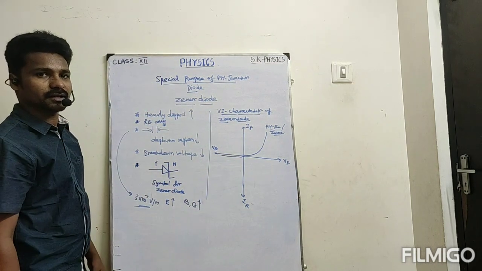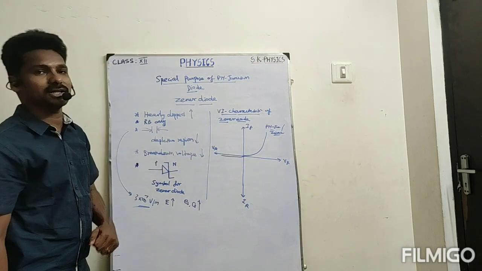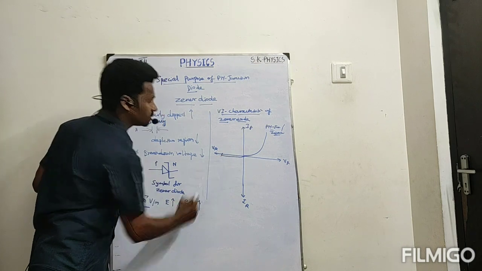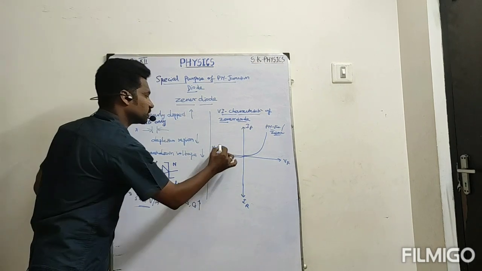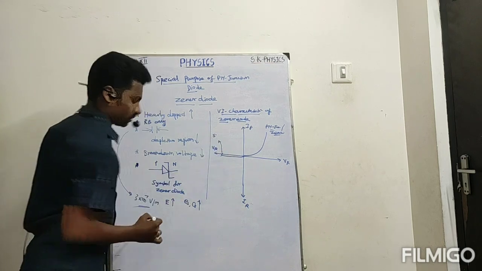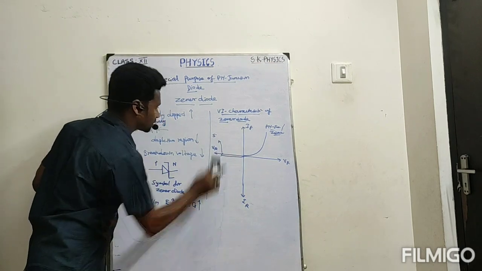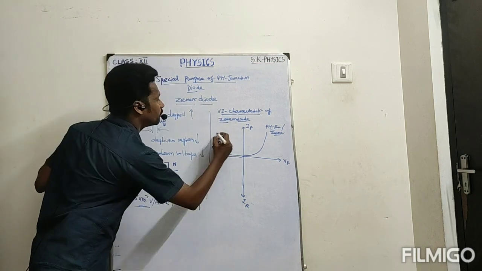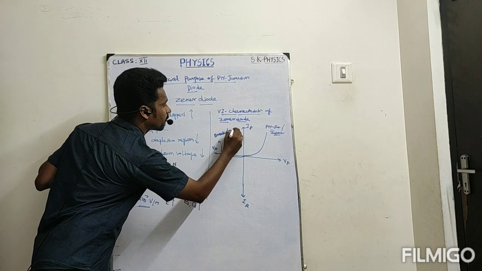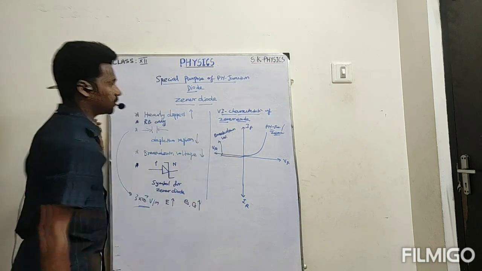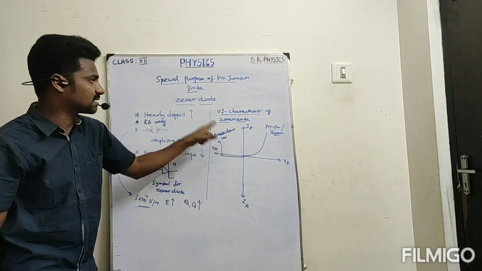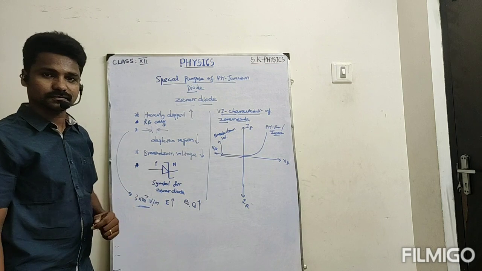Then after reaching some critical voltage, which is the saturation voltage or breakdown voltage, remember this word, it is from the PN junction, we call it the breakdown voltage.